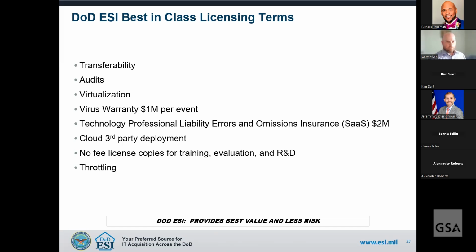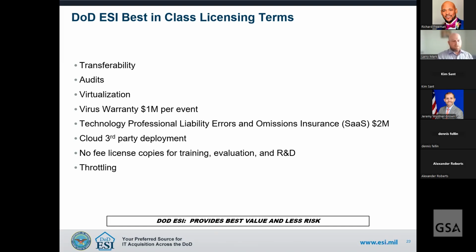So with ESI terms, for auditability, we have self-audit rights. That means that if the publisher wants to audit the DoD or whomever has it under our agreement, we will do a self-audit. And we will tell them how we're using licenses. We'll give them the counts.